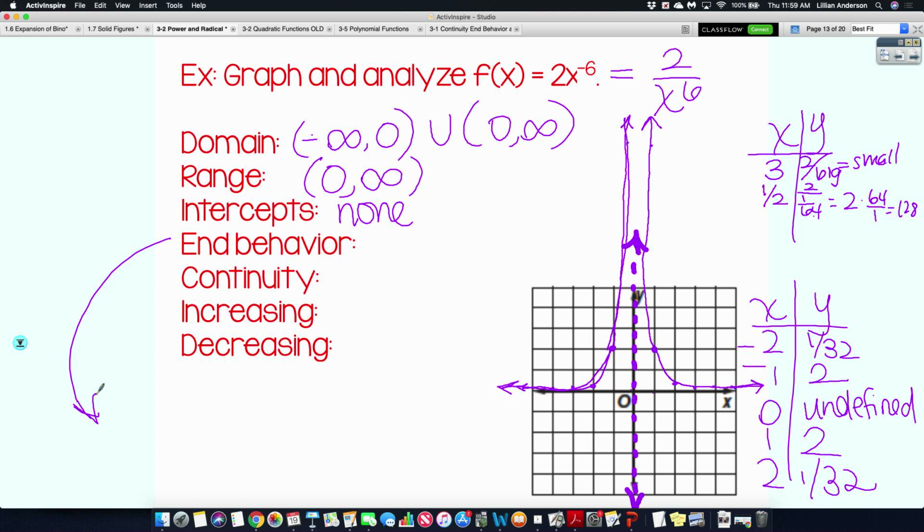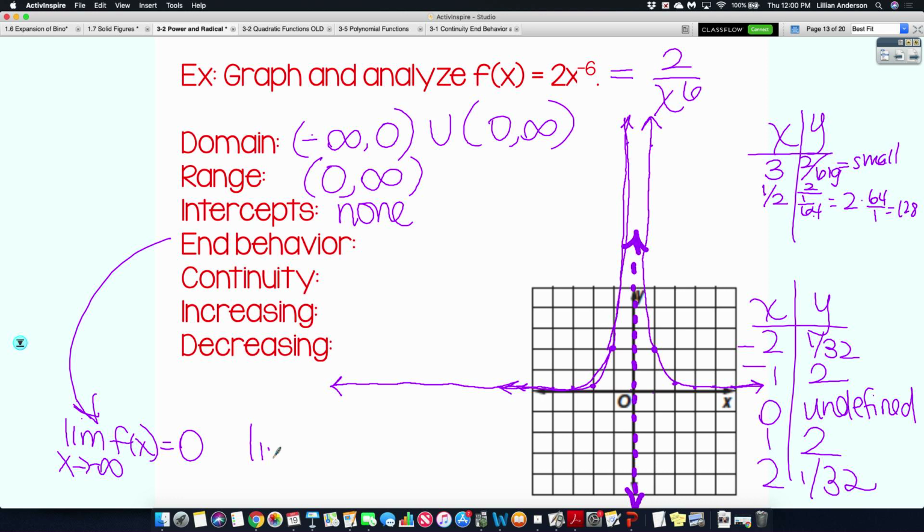Let's describe my end behavior. The limit as x approaches negative infinity is what? It's 0. As x gets really big, this graph is never going to cross that x-axis. This is one example of where it approaches a specific number.